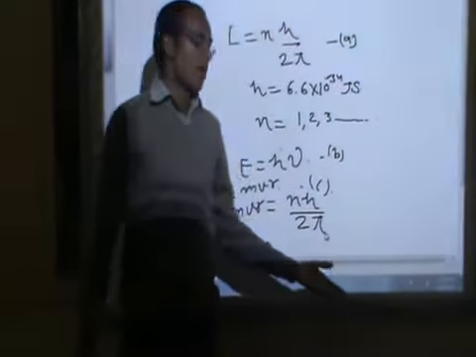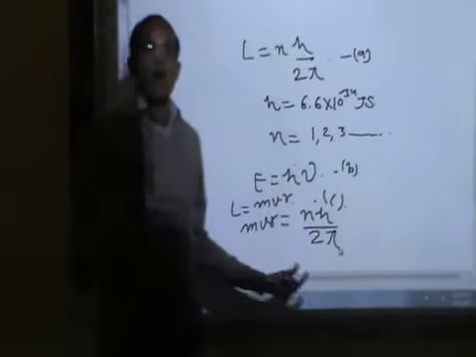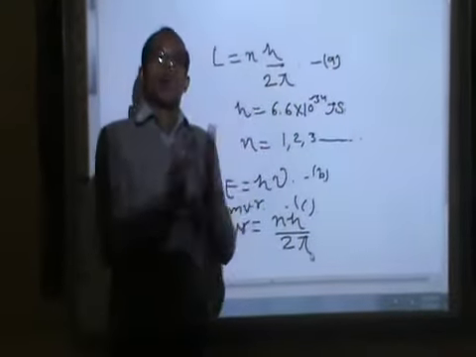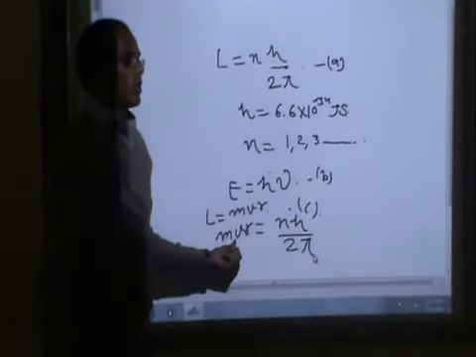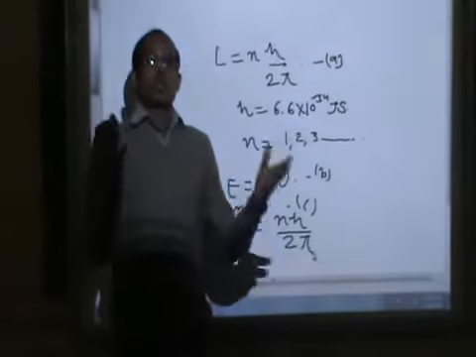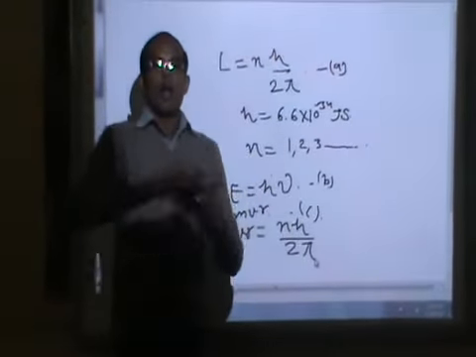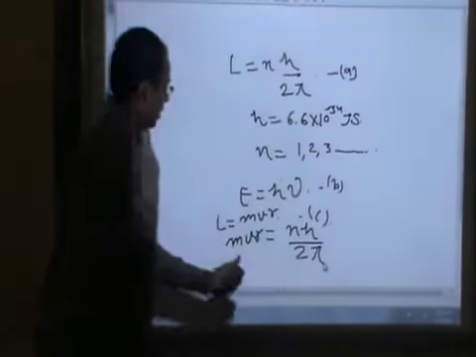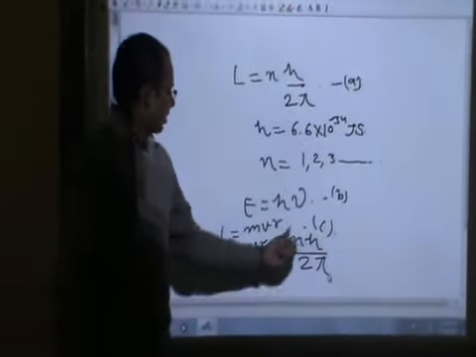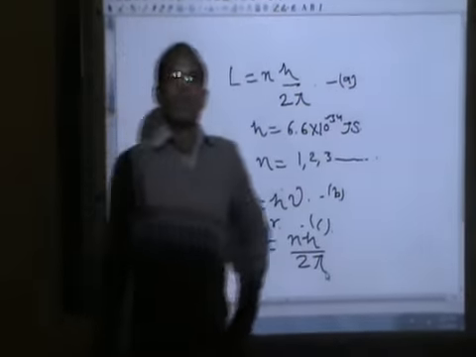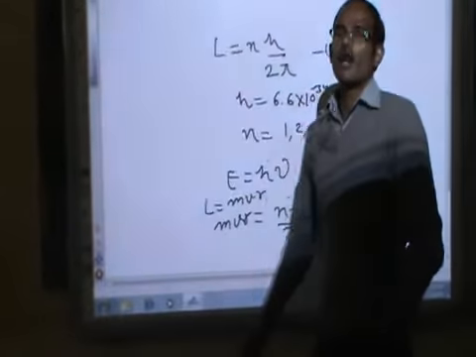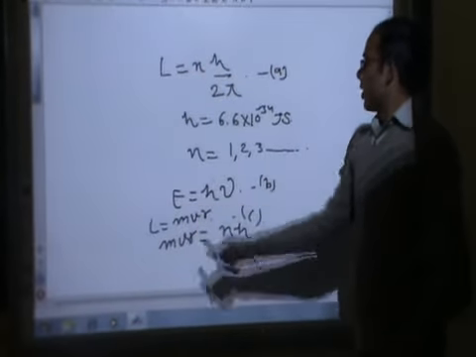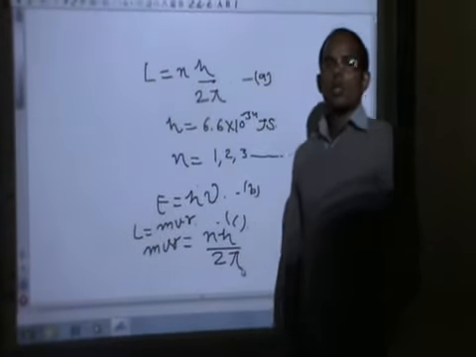By that formula, we can calculate the radius of the orbit on which the electron is revolving, and v shows the velocity of the electron revolving around the nucleus. By putting all these values we can calculate them, and we can also find out the energy by using equation B.